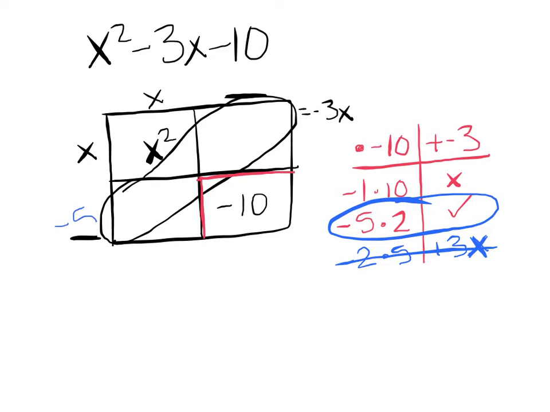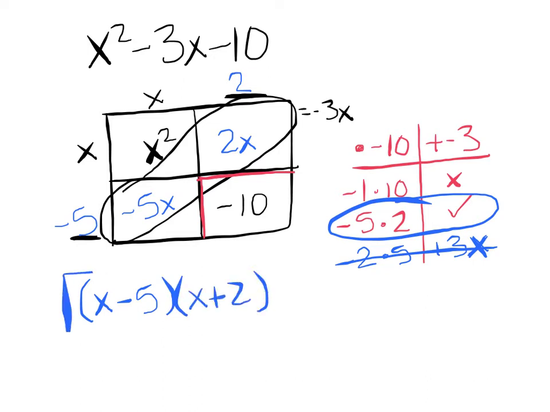That means one of our blanks is going to be negative 5 and the other one's going to be 2. Because that would get me negative 5x and 2x, which adds up to be negative 3x. When we write our final solution, we're going to write those two sides of the rectangle out in factored form: x minus 5 times x plus 2.